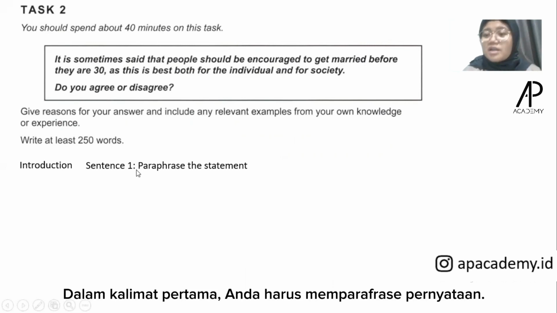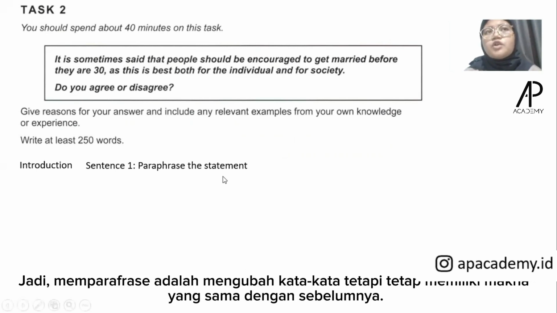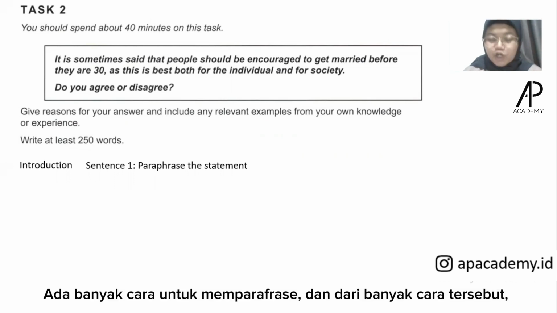In sentence 1, you have to paraphrase the statement. What is paraphrasing? Paraphrase is you change the words, but it still has the same meaning as the previous one. There are actually a lot of ways to paraphrase.